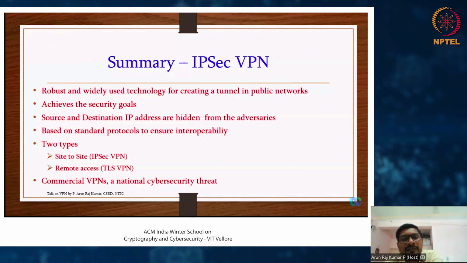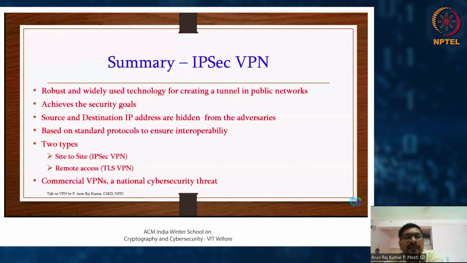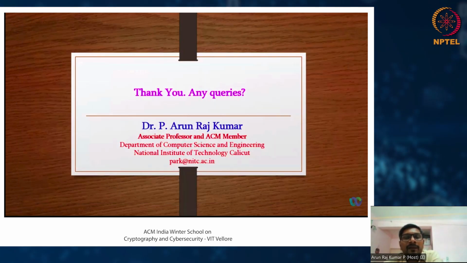So it is a little risky from the user perspective if they try to use any commercial VPNs. You can use a VPN analyzer to test and then make use of it. This is the background information related to all these VPN software.